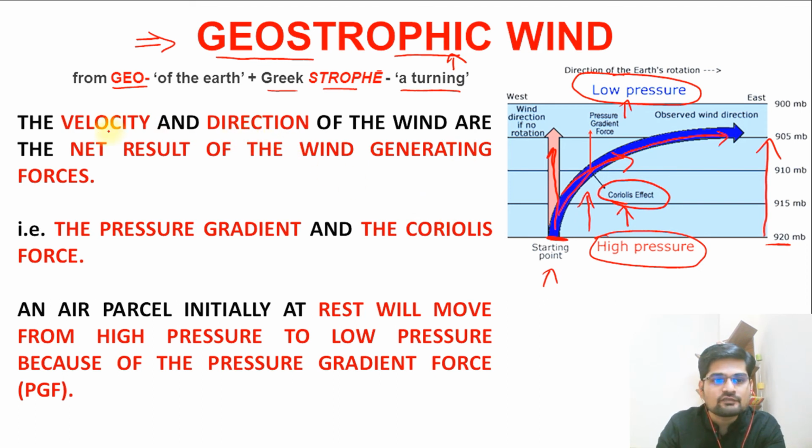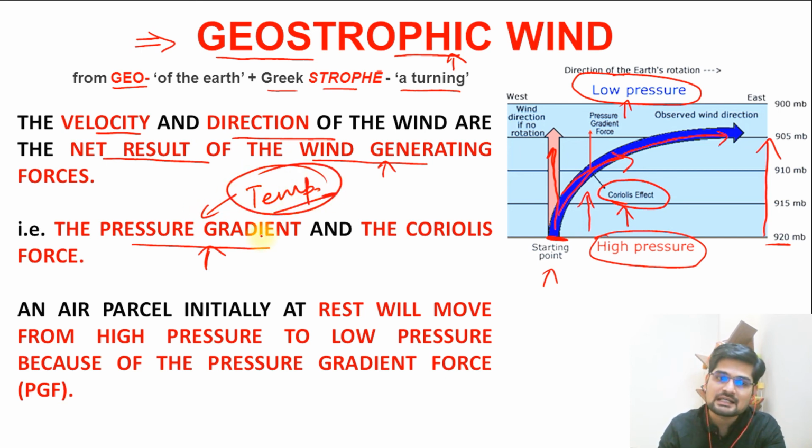So here the velocity and the direction of the wind are important, and they are the net result of what? The wind generating forces. So what are the wind generating forces? Remember, the pressure gradient is the most important factor, which is actually led by the temperature gradient. So temperature gradient, pressure gradient, and the Coriolis force.